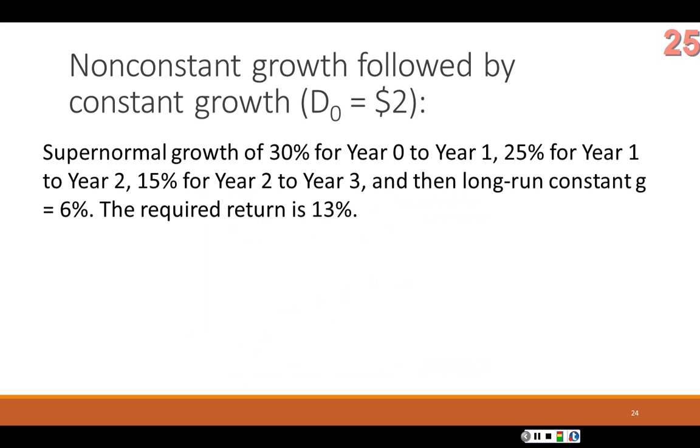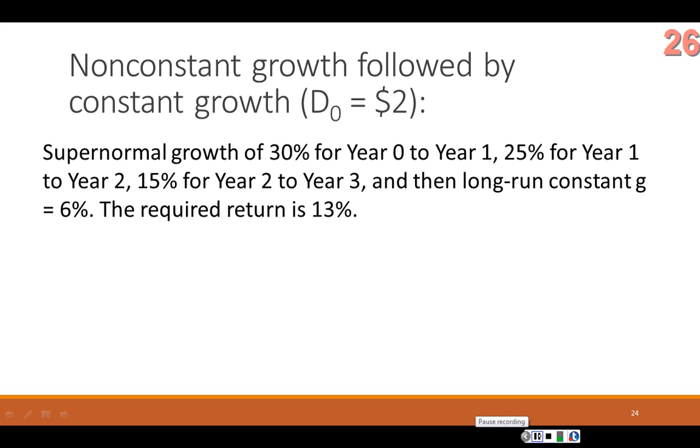So let's work an example. Let's assume that we have a company that just paid a dividend of $2. They expect supernormal growth of 30% from year 0 to 1, 25% growth from year 1 to 2, 15% growth from year 2 to 3, and then we expect long-run constant growth of 6%.